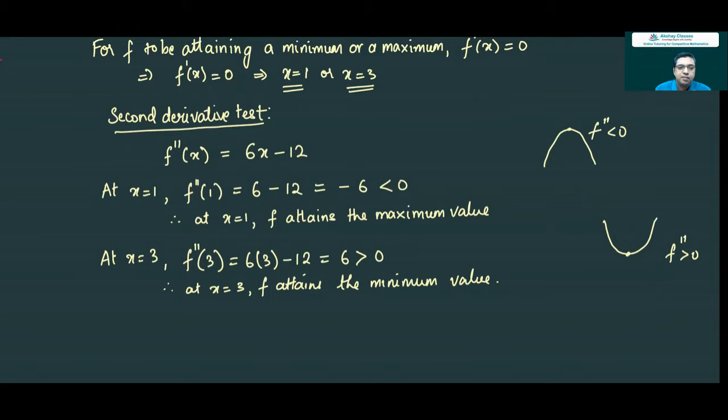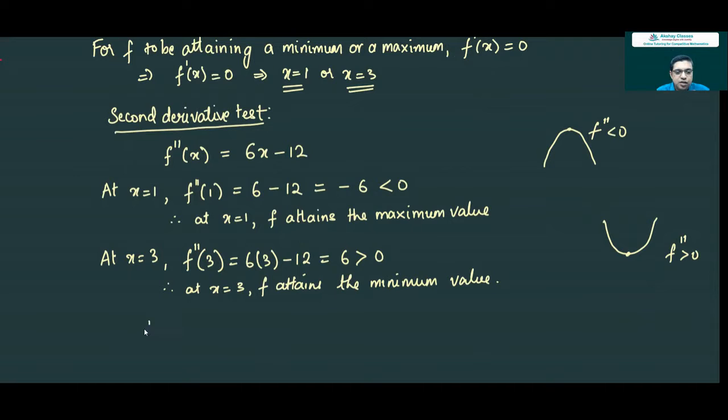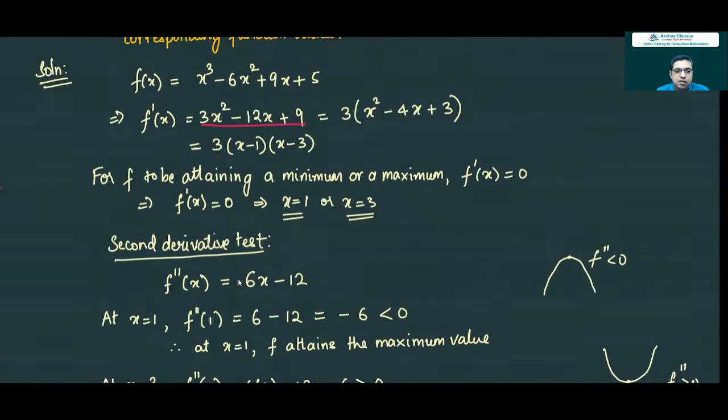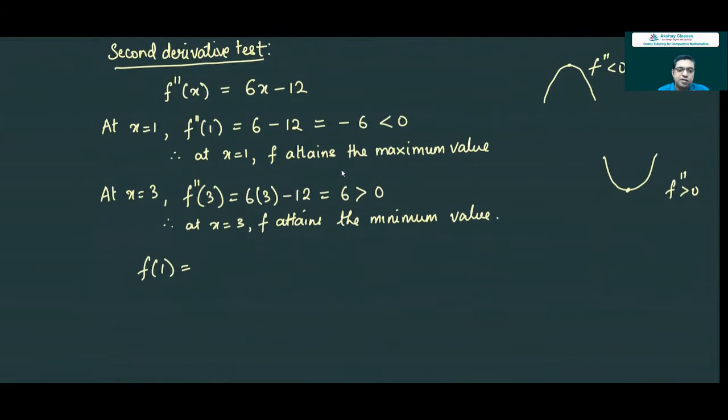So now let us find the minimum and maximum values. So f of 1. First let us write f of x, which is x cubed minus 6x squared plus 9x plus 5.